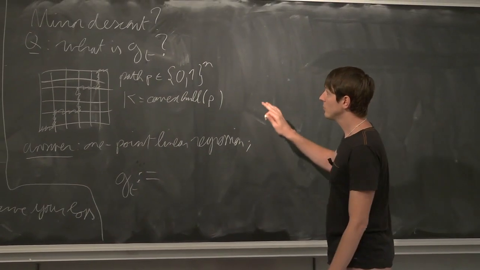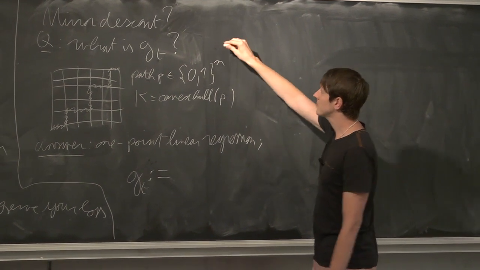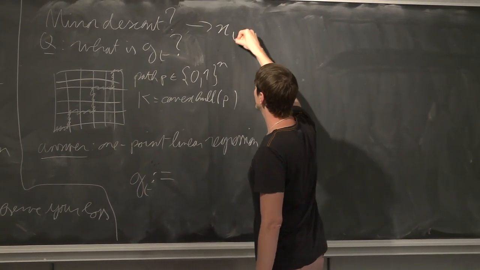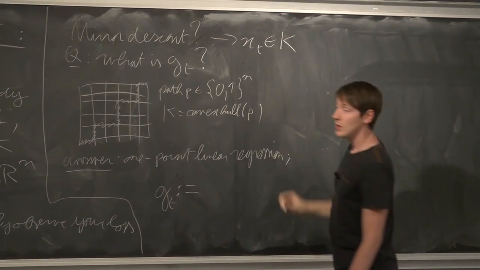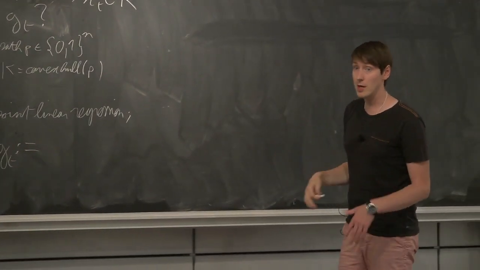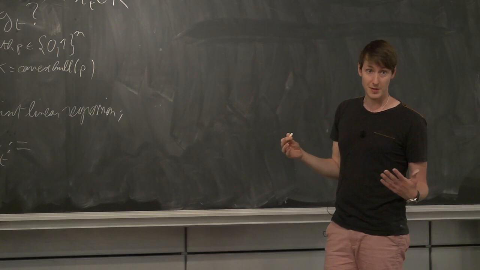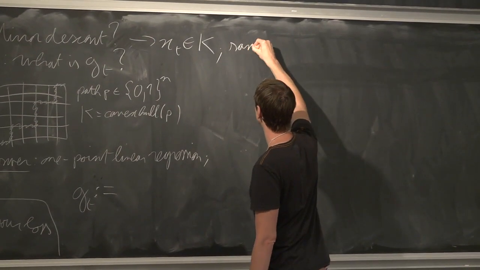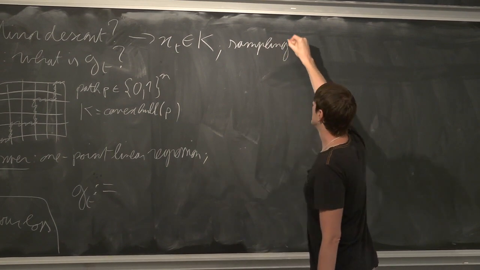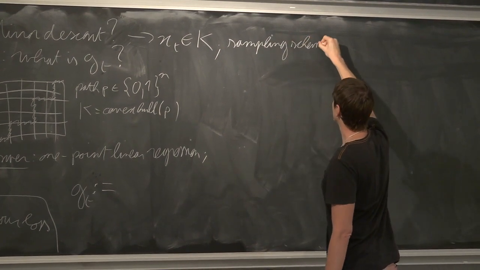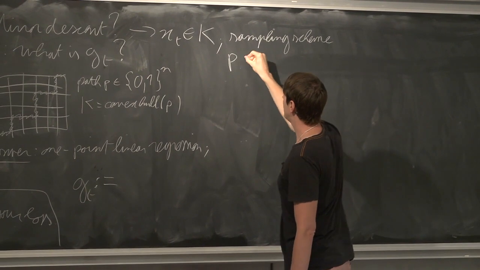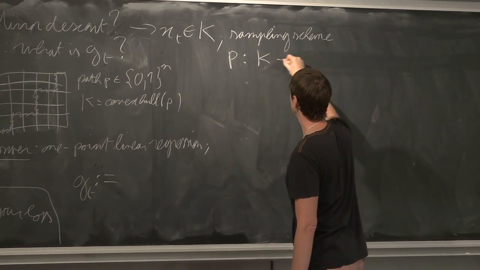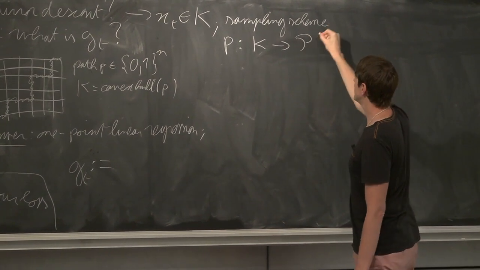Because what am I going to do? Mirror descent will give me a point x_t in K. But to do linear regression, I will want to have randomness on top of it. So here we have a new element, which is a sampling scheme. It's a map, let's say P, from K to probability distributions over K.